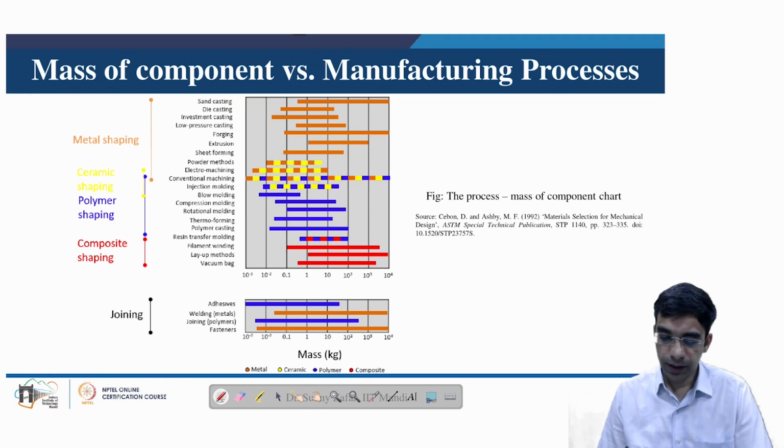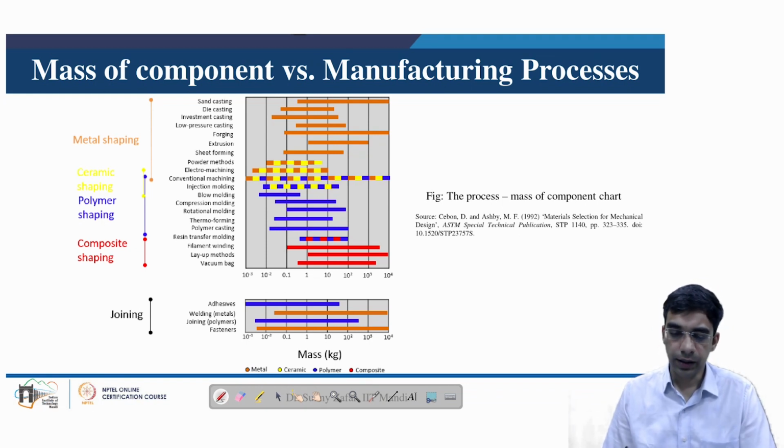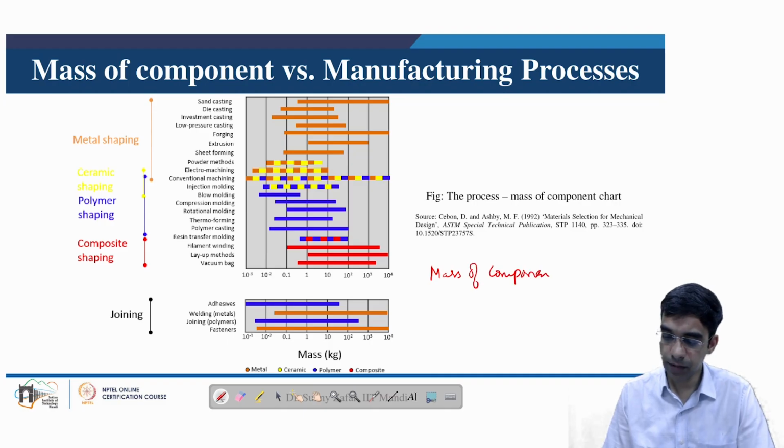Next, we would like to look at how the mass of the component decides the selection of the manufacturing process.